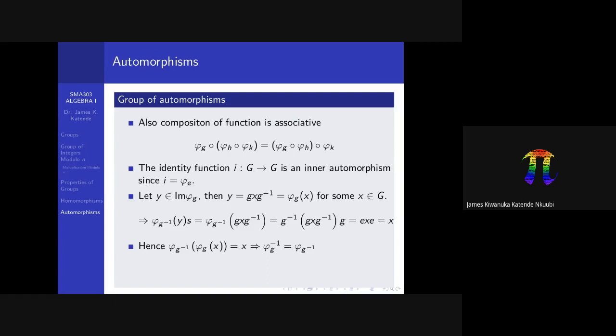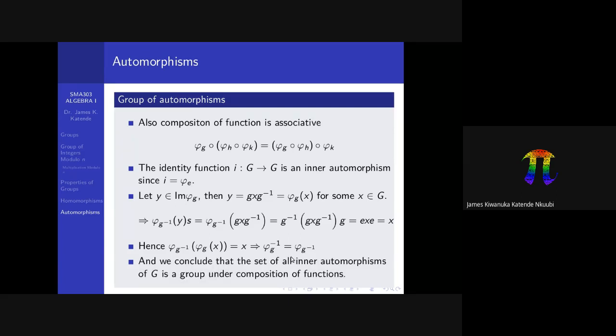It must have an inverse in the first place because it's an isomorphism. The only thing we need to confirm is that the inverse must also be an inner automorphism, which is what we have done. And therefore, we can conclude that the set of all inner automorphisms of a group G is also a group under the composition of functions.